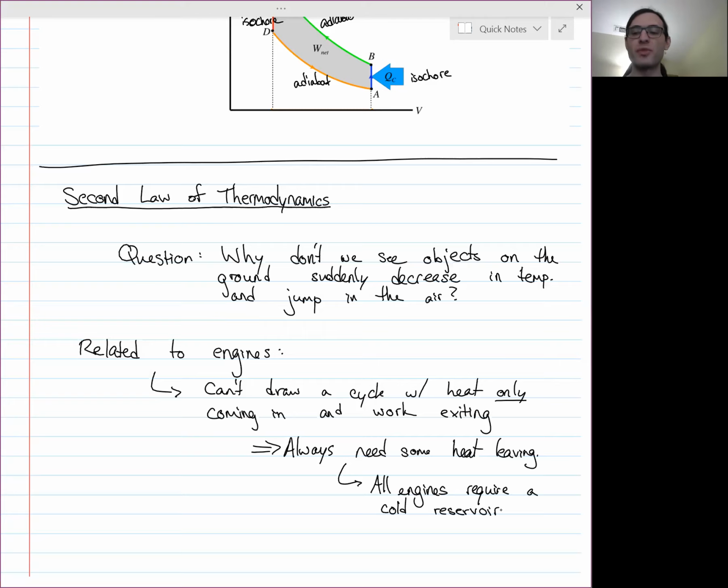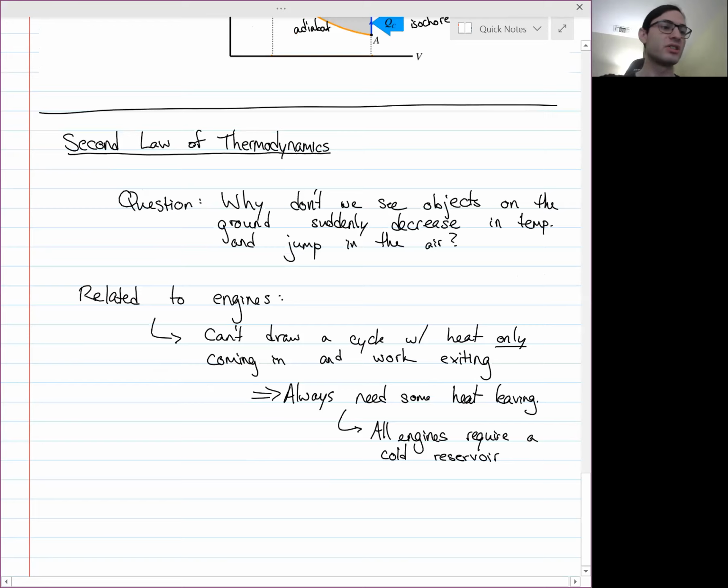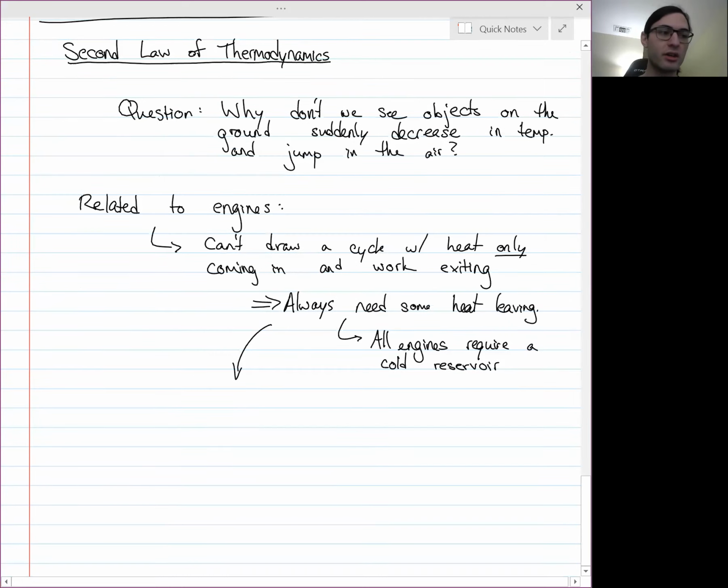So the fact that this doesn't happen is related to the fact that engines that would do such a thing don't exist. This statement that we always need some form of heat leaving an engine is a form of the second law. It's not the standard formulation, but it's an equivalent definition of the second law.